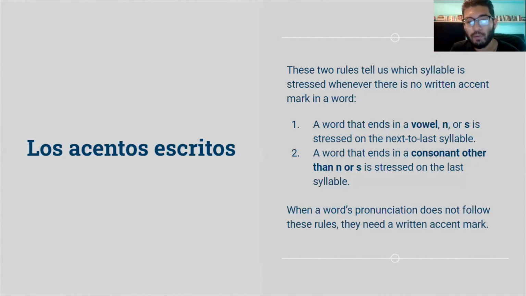If the word follows those two rules, then we do not need to write an accent mark on the word. If they do not, then we do need to write an accent mark on this syllable, specifically on the vowel corresponding to the syllable that has the emphasis.